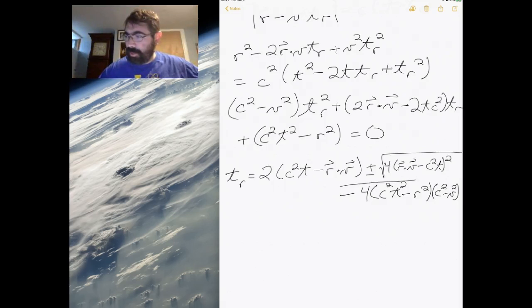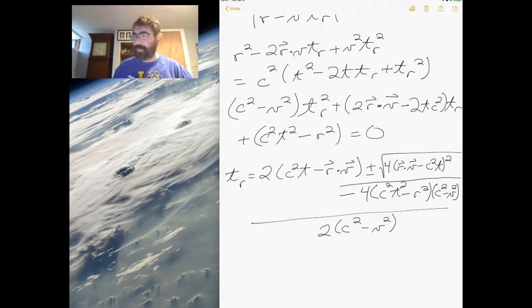So that's still all under the square root. And then divide that whole thing by 2a, which is basically c squared minus v squared.